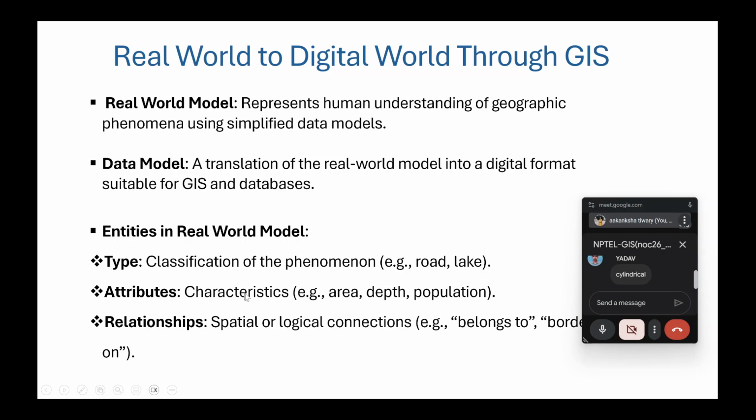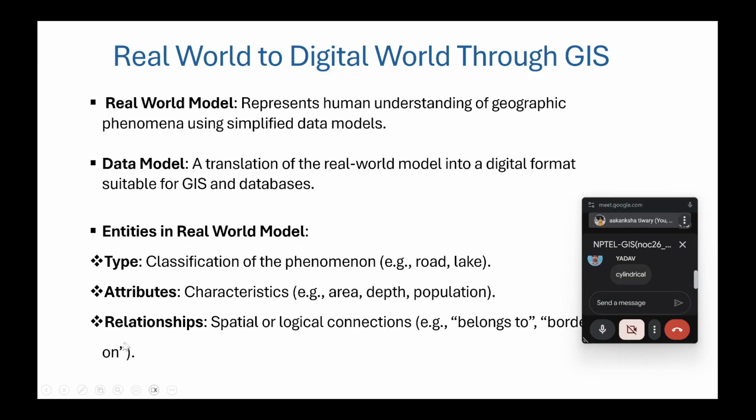Now, what are the entities? So there can be different classification types like road, lakes. There can be different attributes. Each classification or each property like road or lake has some characteristic like area or depth, or for road it is going to be length, for lake it is going to be lake area. Then if you are talking about a country, then population can be one of the attributes.